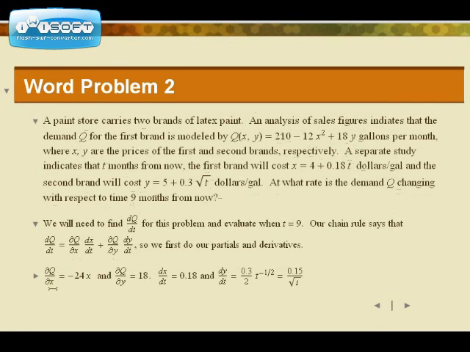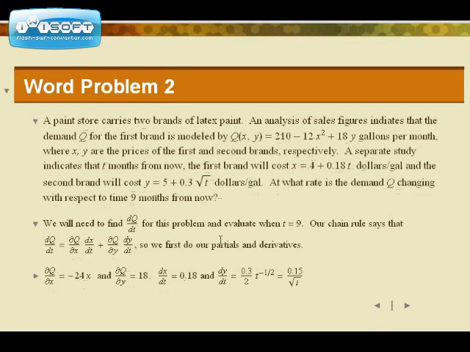So the partial of Q with respect to x, we only have one x term up here. So it's going to be 2 times that negative 12x, so that's negative 24x. The partial of Q with respect to y, we only have one y term, so that's just going to be 18. The dx/dt, I find my x derivative with respect to t is just that constant in front of the t, 0.18.